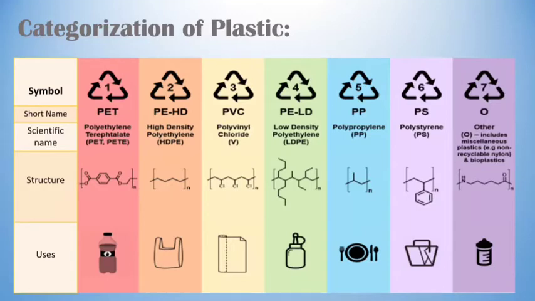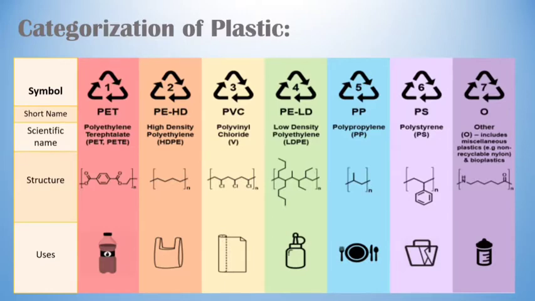That means high density polyethylene. It is used in milk and non-carbonated drinks bottle, food packaging, etc. Next one, PVC, polyvinyl chloride. It is used in window and door frames and the insulation of wire and cable.